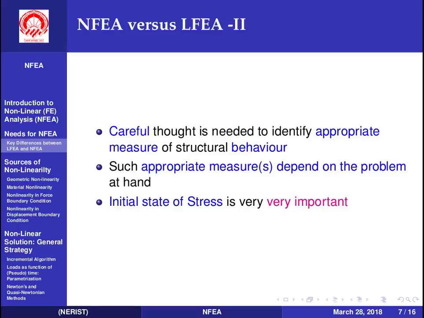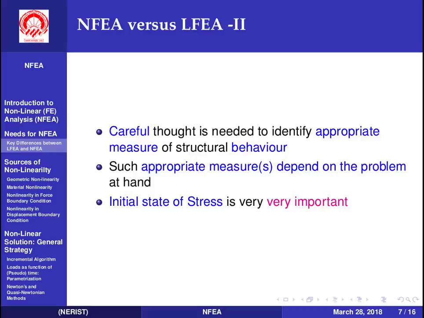What is the appropriate measure? That depends on the problem at hand. For example, if I am analyzing a foundation for its ultimate bearing capacity, then the load deformation behavior of the footing will be important for me.